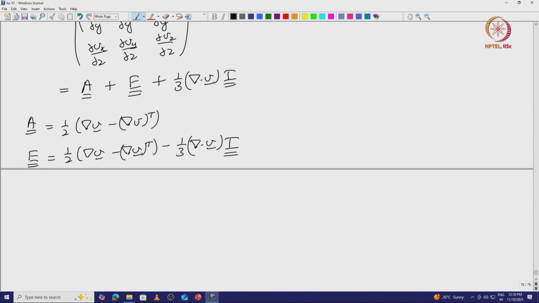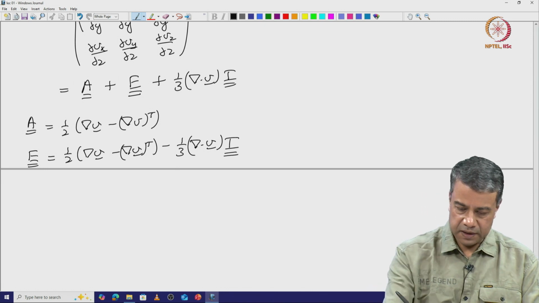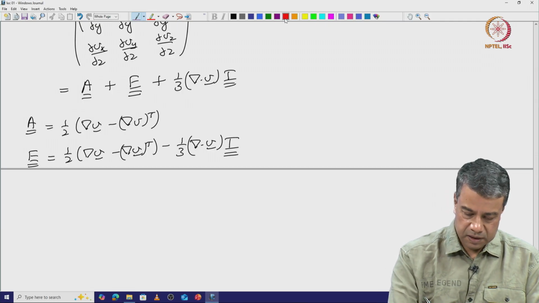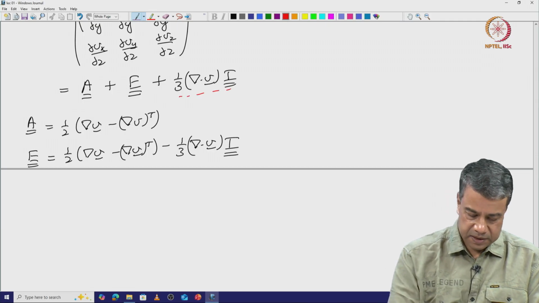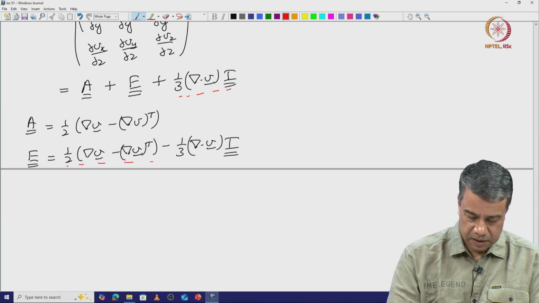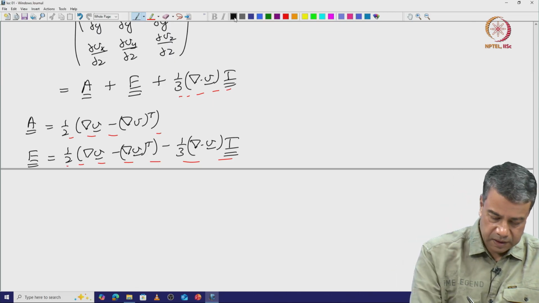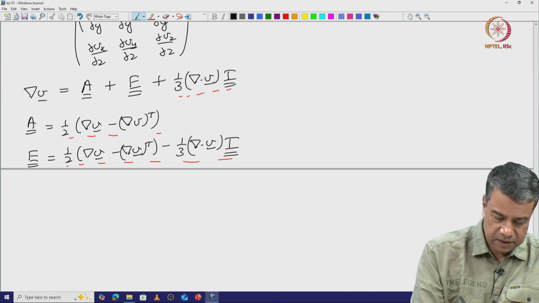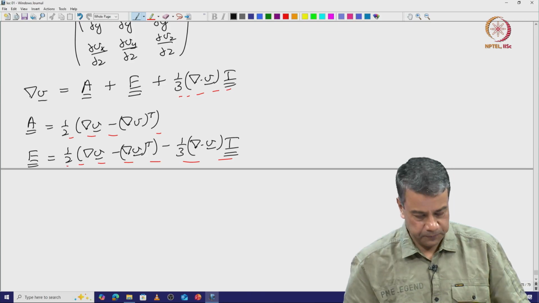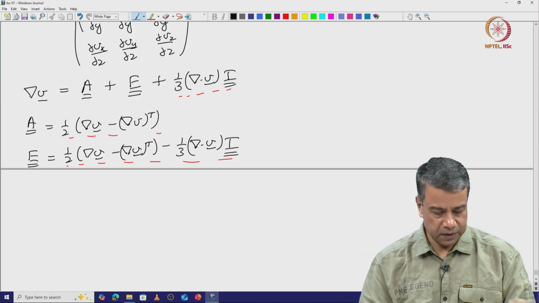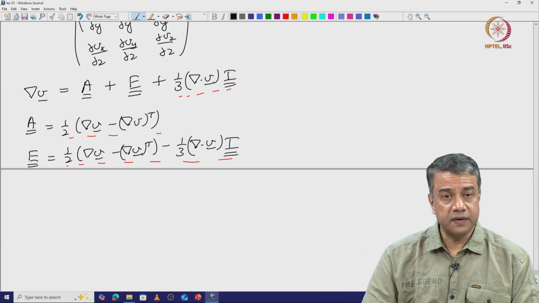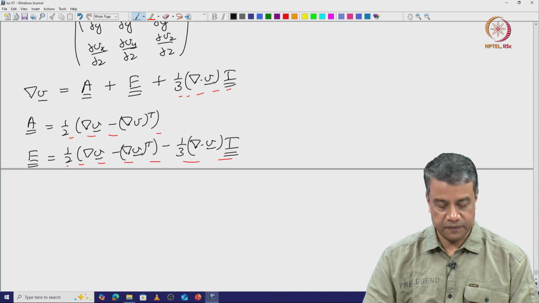And you can easily verify that this one plus this expression plus this expression, in the end if you add all of them up, you will in fact get the gradient of the velocity vector. So, you can verify that. Each of these represents different forms of deformation.